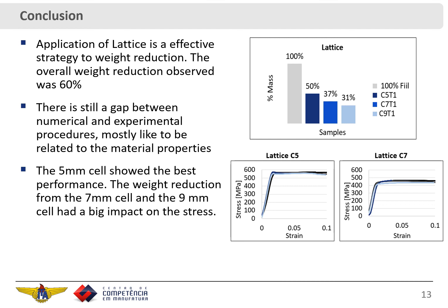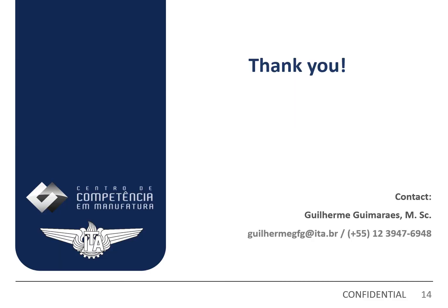It was also observed that the lattice will reduce the printing time, but there is still a gap between the numerical and experimental procedures. In my case, most likely due to the material properties. And the 5mm cell showed the best performance. It has reduced the weight by 50% without losing many of the mechanical properties.